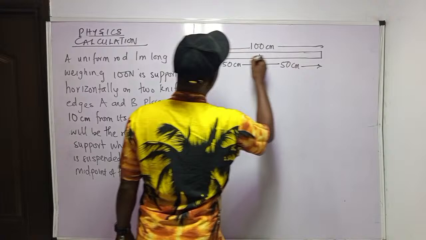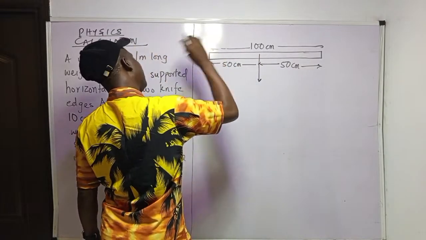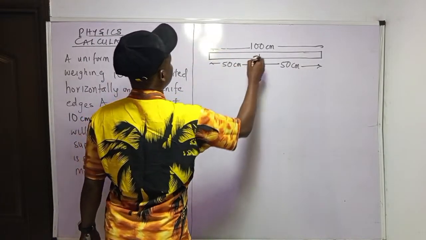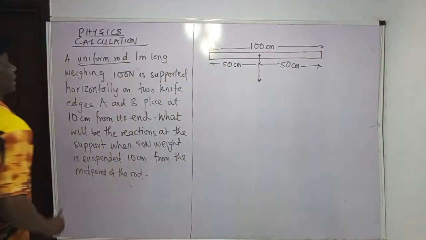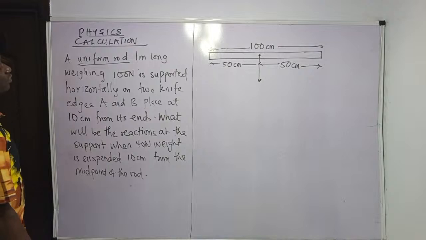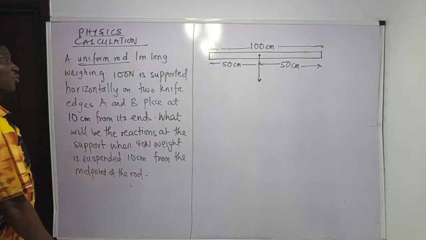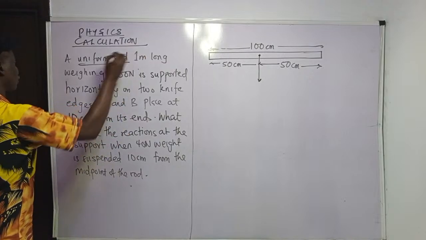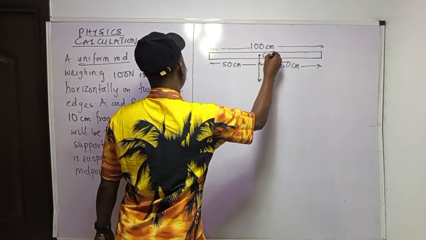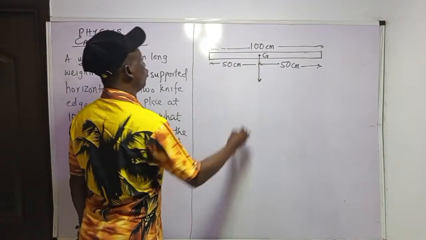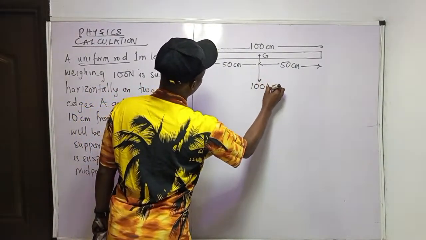Please don't forget that if it's at the 50 centimeter mark, it is because the rod is a uniform rod, and that's why we have considered it. If it is a uniform rod, the center of the rod is where the weight of 100 Newton will be acting.